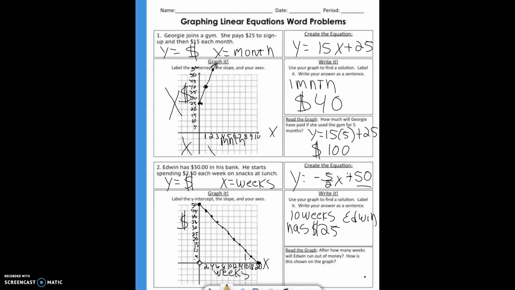So if you look when he ran out of money, in 20 weeks, Edwin is broke. So maybe he's going to have to call his parents up and get some more money in that account so he could get some more snacks at lunch. All right, so again, these are real world situations and graphs, okay?